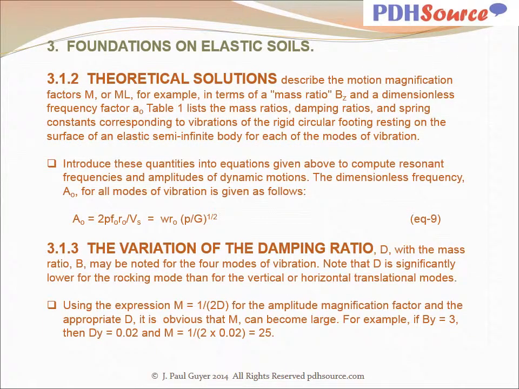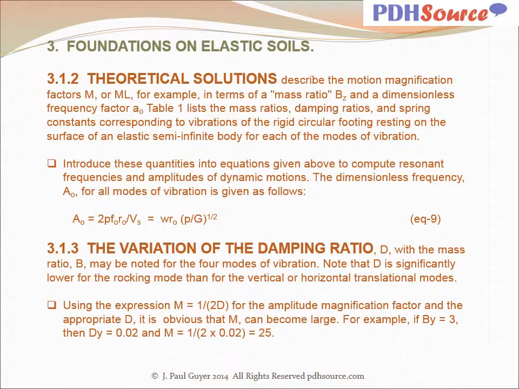Theoretical solutions describe the motion magnification factors M or M sub L, for example, in terms of a mass ratio b sub z and a dimensionless frequency factor a sub o. Table 1 lists the mass ratios, damping ratios, and spring constants corresponding to vibrations of the rigid circular footing resting on the surface of an elastic semi-infinite body for each of the modes of vibration.